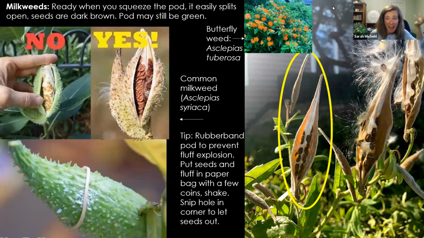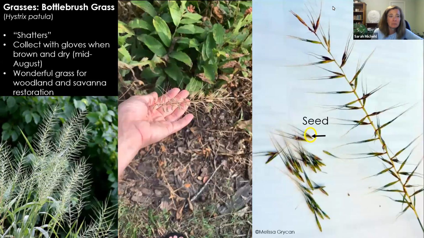Or you don't ever have to separate them from the fluff if you don't want to. This is all really about how much time you are willing to put into it. You're going to see throughout this webinar that I'm a low maintenance kind of seed collector. So I don't do a ton of processing, but it's whatever you want to do.